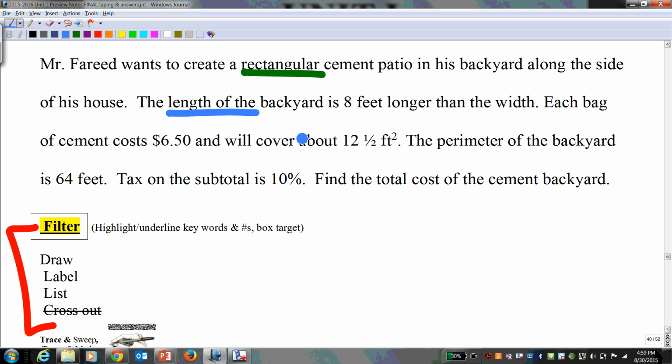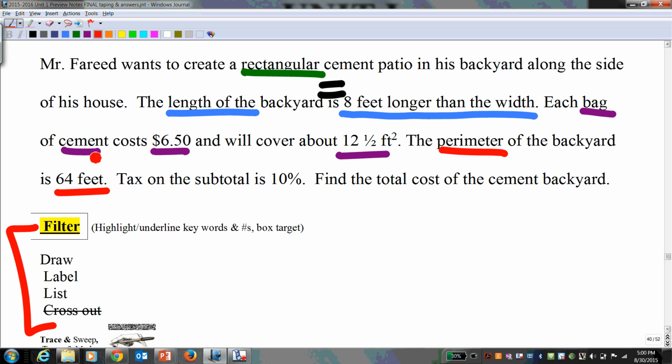The length of the backyard is, always an equal sign, 8 feet longer than the width. Each bag of cement costs $6.50 and covers 12.5 feet squared. The perimeter of the backyard is 64 feet. Notice, is an equal sign. Tax is 10%. Find the total cost. When it comes to the actual question, I always like to box it and put a giant question mark to make sure I actually answer the question.